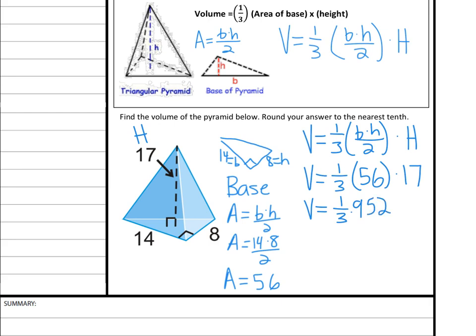Then I have to multiply that times 1/3, and it looks like my volume for this triangular pyramid will be 317.3. They didn't tell me units, so I'm just going to write units cubed for my answer for the triangular pyramid. It's different than the rectangle because our area for the base is a different formula.